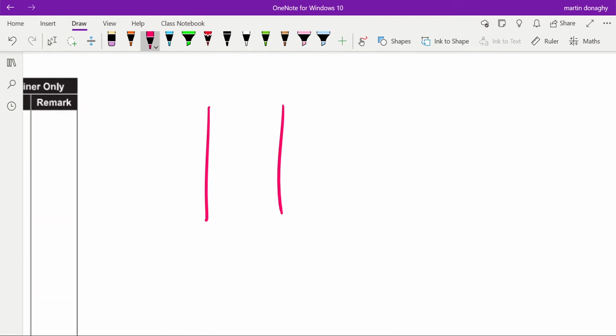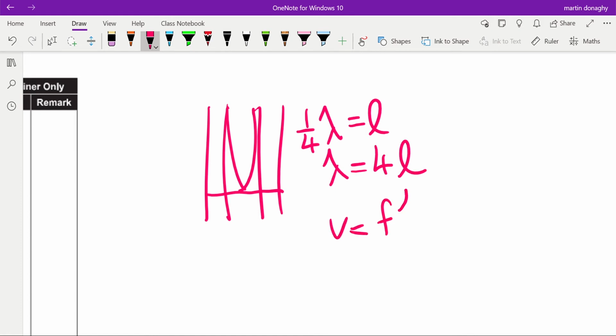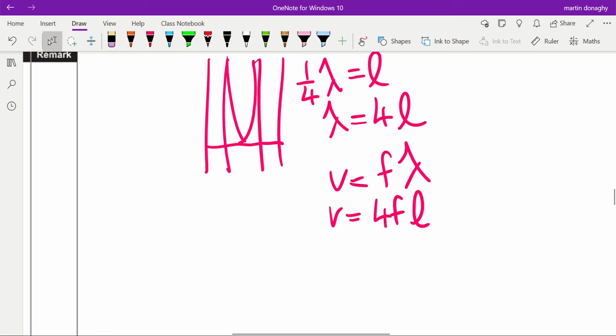When you find the first position of resonance in that tube, you have a quarter of a wavelength. So the quarter of a wavelength is equal to L, so lambda in each case is equal to 4L. V equals F lambda, but replacing our lambda with the 4L gives us V equals 4FL.